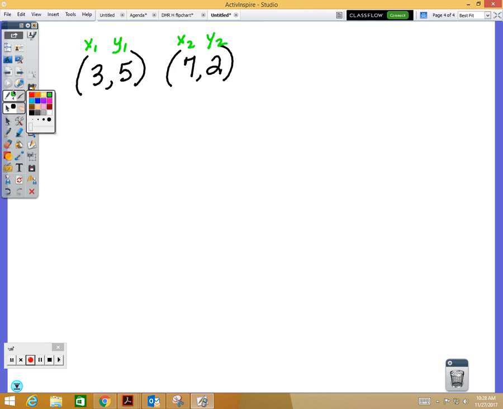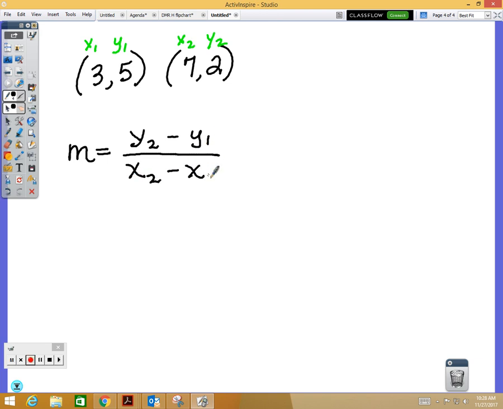And I know that you have just right above you in the notes the formula, but since mine is on the other page, I'm going to write my formula again. y2 minus y1 over x2 minus x1. The biggest mistake that people make is that they put the x's on top. So please do not make that mistake.